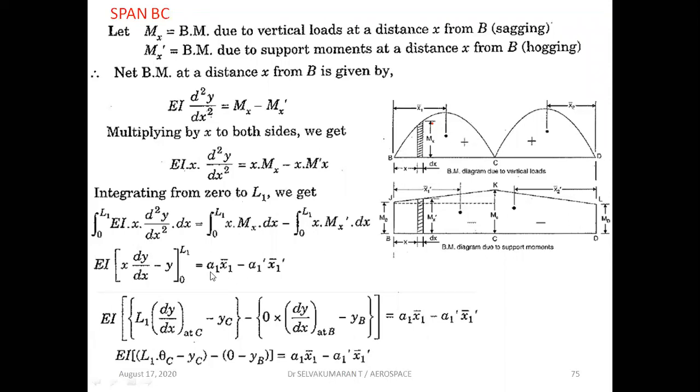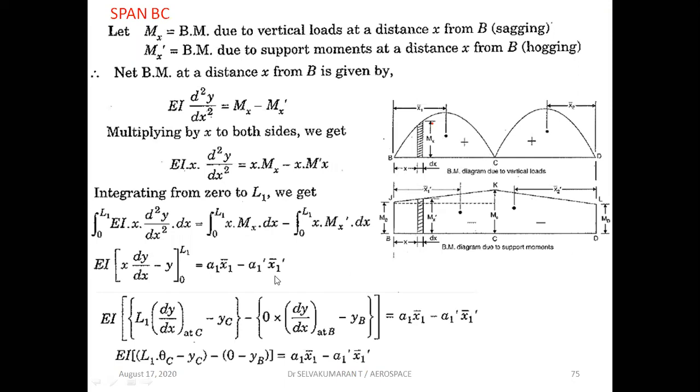A1 is nothing but the area of the bending moment diagram due to vertical load on span BC, that is on span 1. X1 bar is nothing but the CG distance of this bending moment diagram on span BC from the left hand B. Similarly, M_x dash into dx is the area of the small strip.